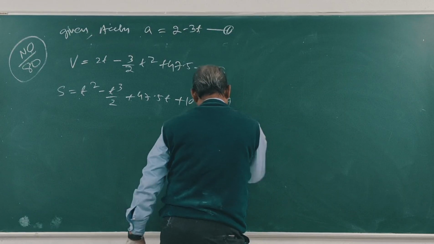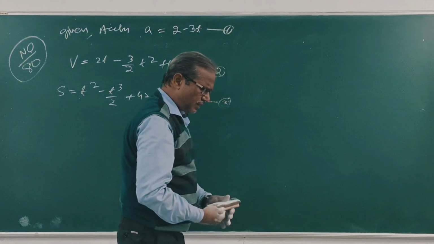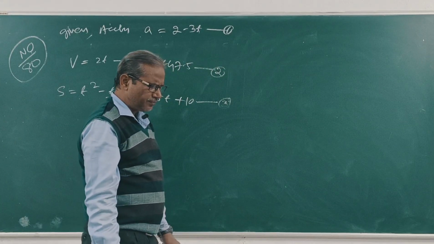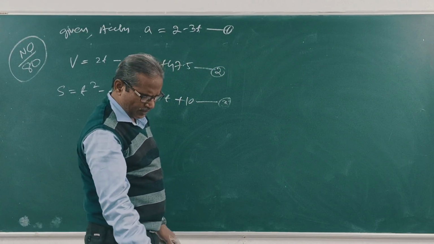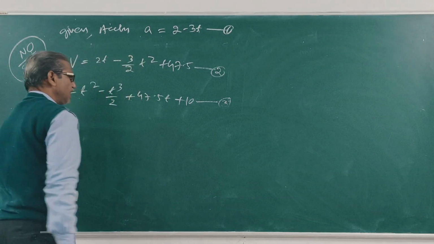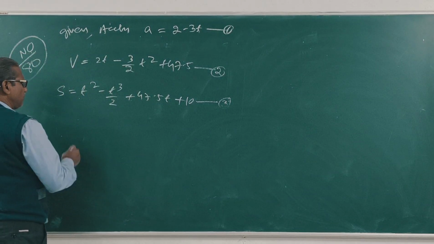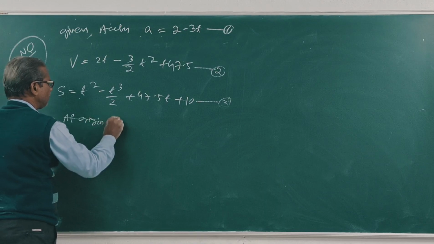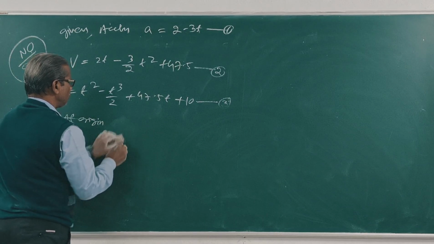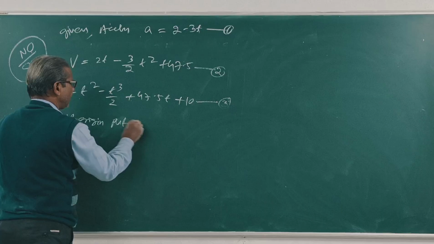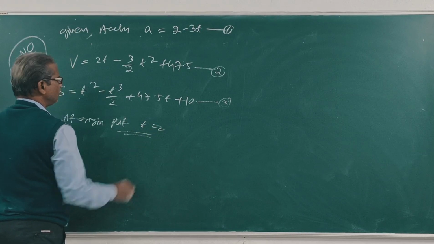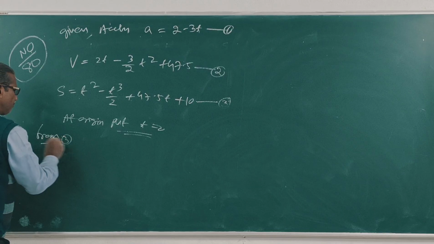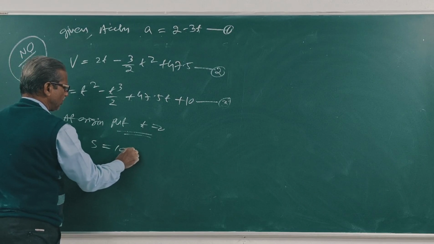Now, the question is to find its values at the start, from the origin. At origin, put t is equal to 0. So from equation 3, s is equal to 10 meter.